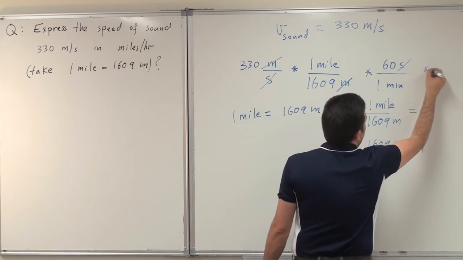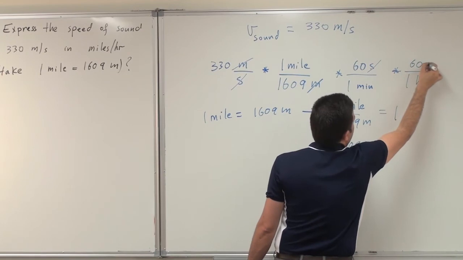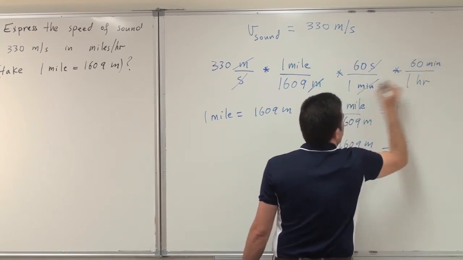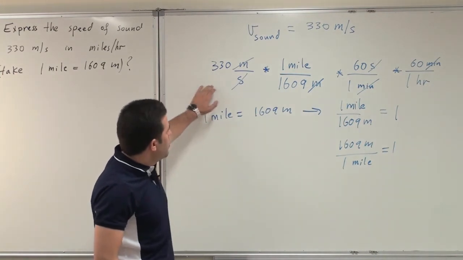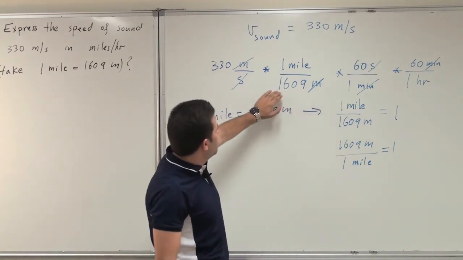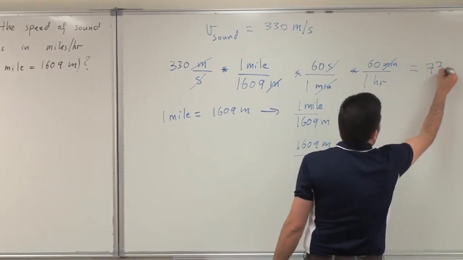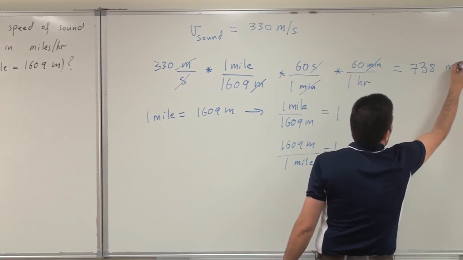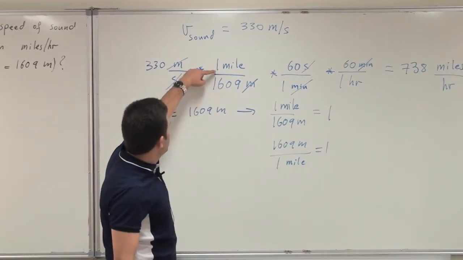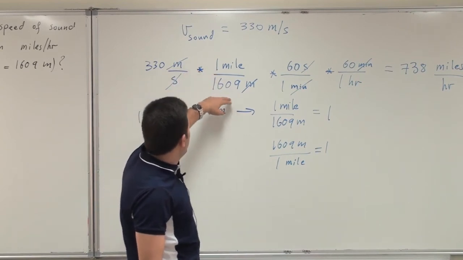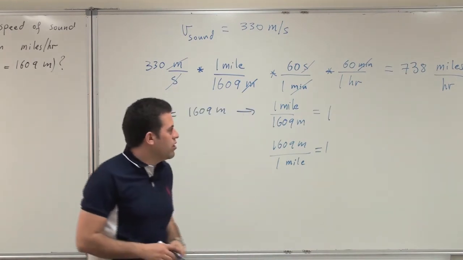Then I know that 1 hour is 60 minutes. So now I can cross 60 minutes with this. Then if I multiply 330 by 60 and divide it by 1609, the answer will be 738 miles per hour. To check, I have here 1 mile, and in the denominator, I have hour. So it is 738 miles per hour.